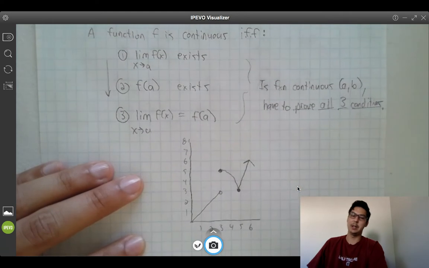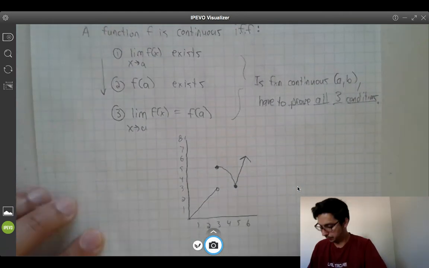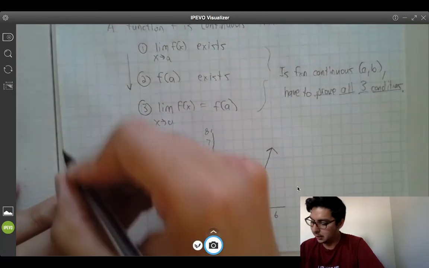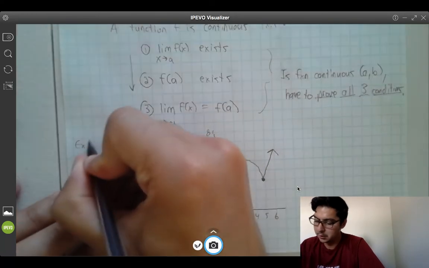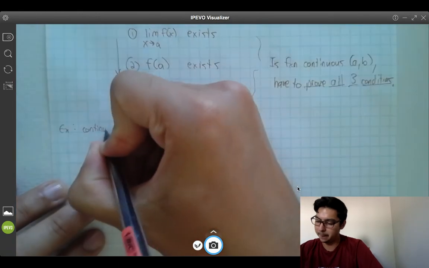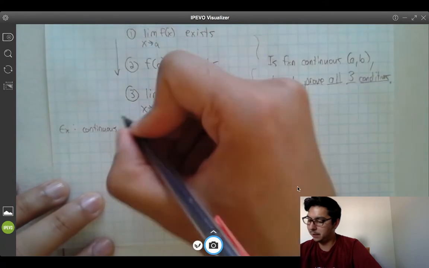All right. So say we have a function like this. Very strange one, but it will work. Now, let's see. If the question says, example, is this continuous at, say, x equals 5?